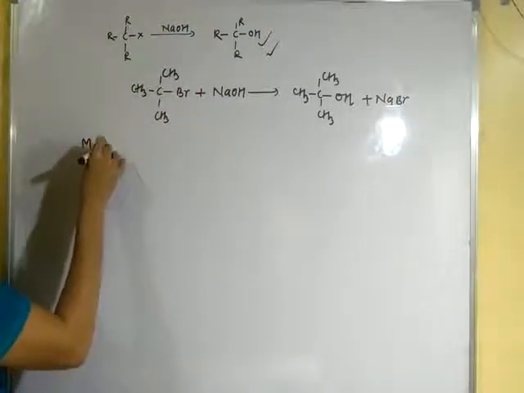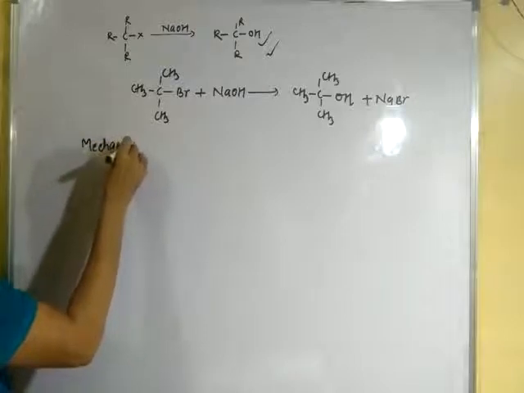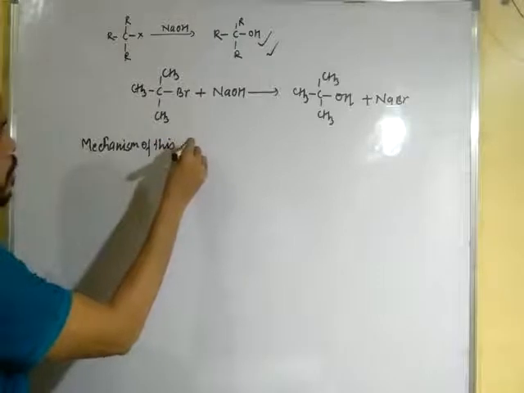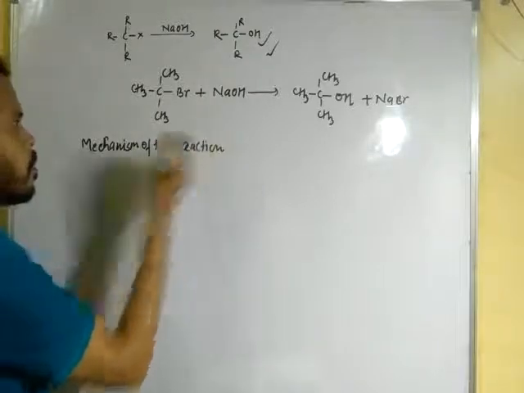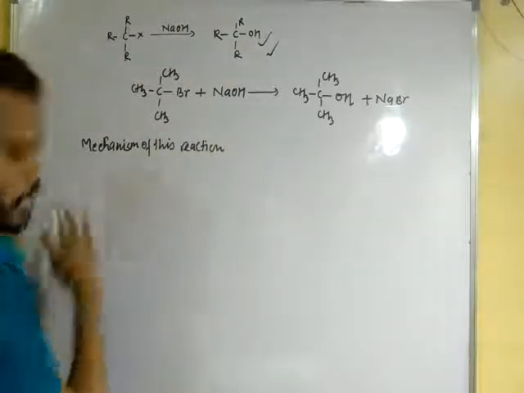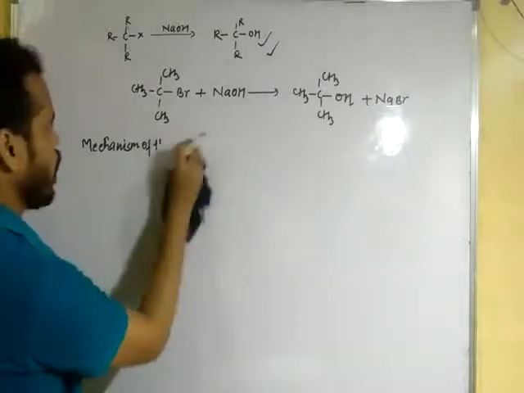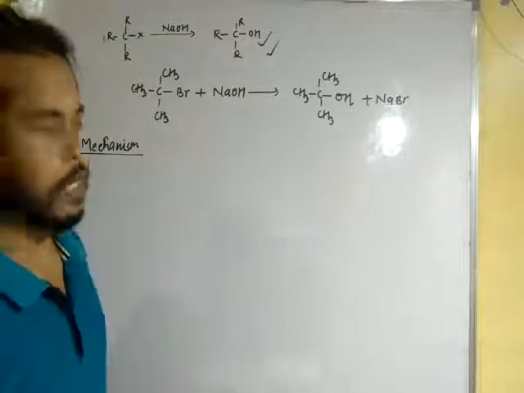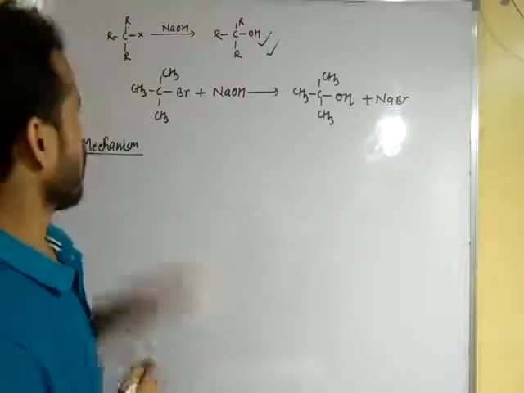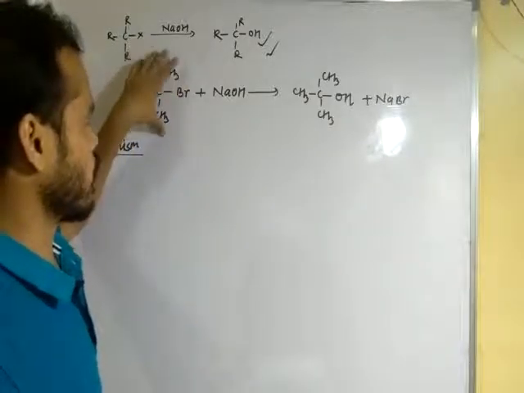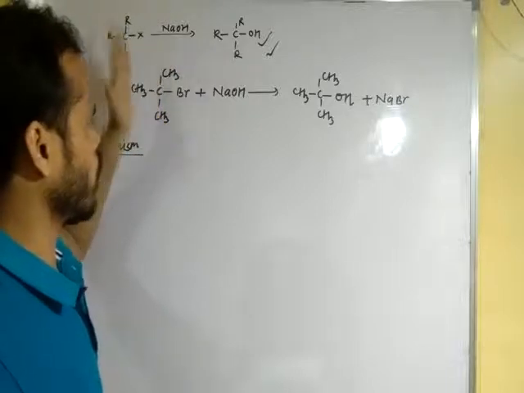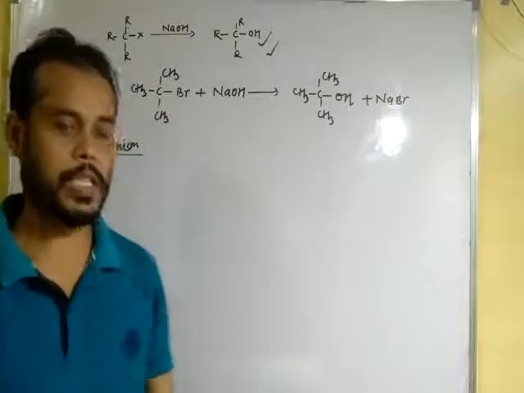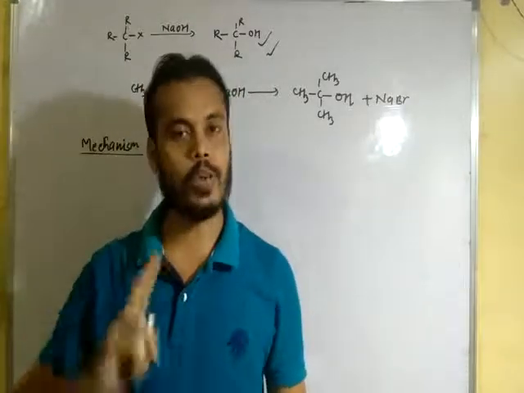Mechanism. This is the SN1 mechanism. You can see here a tertiary alkyl halide, so it is SN1 and will be solved with the help of the SN1 mechanism. According to the SN1 mechanism, it happens in two steps.